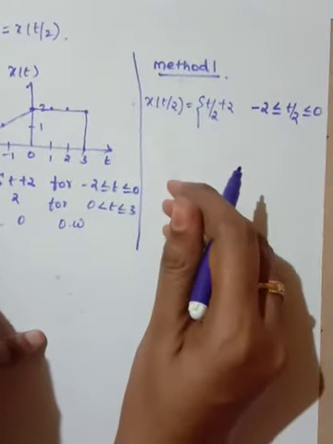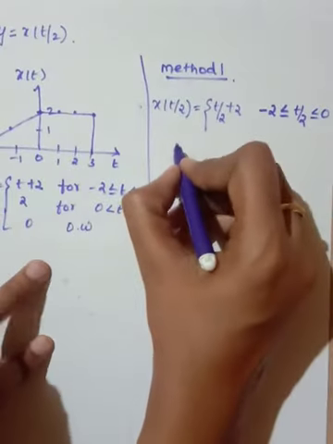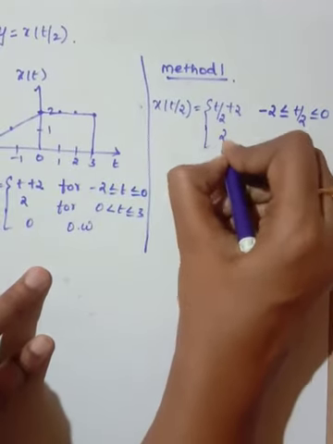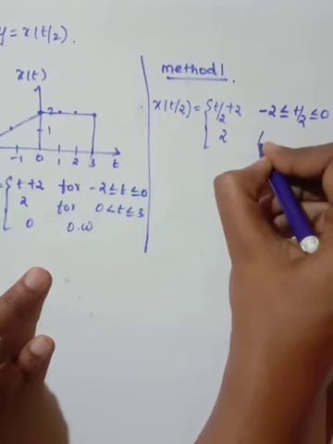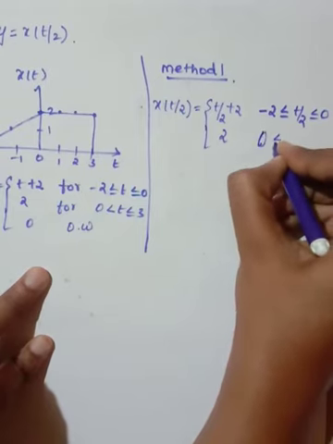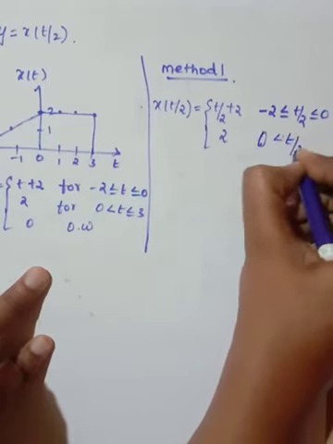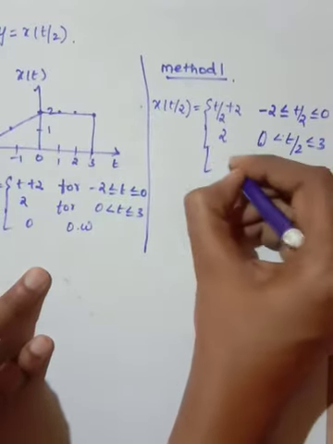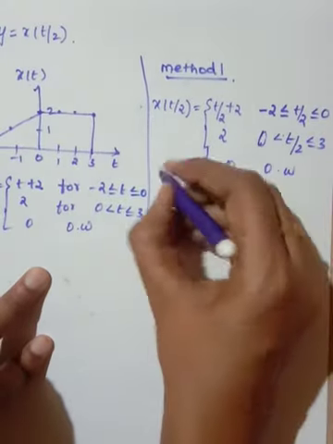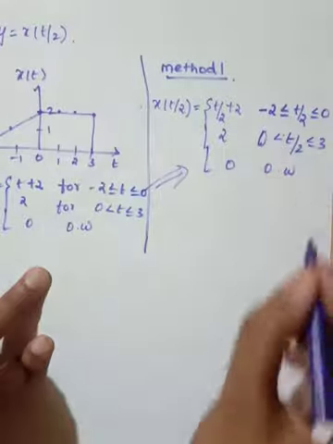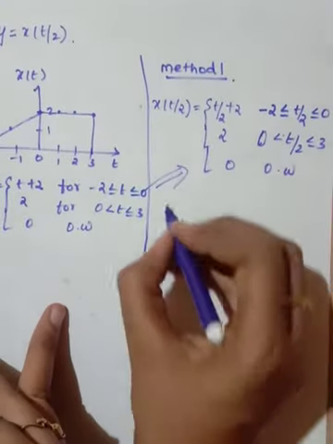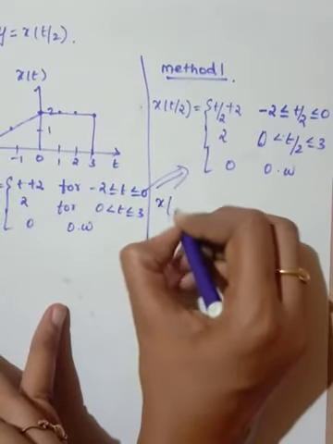Okay, I think now it is visible for you. The next one is 2 for the range 0 less than t by 2 less than 3, and 0 otherwise. So this is the range after I substituted t by 2 instead of t. Now I need to simplify this, right?